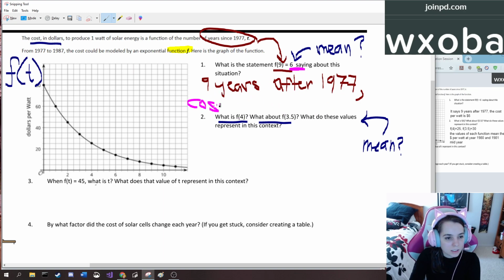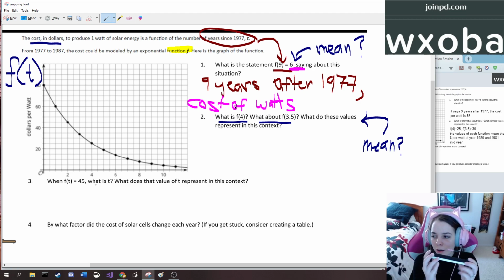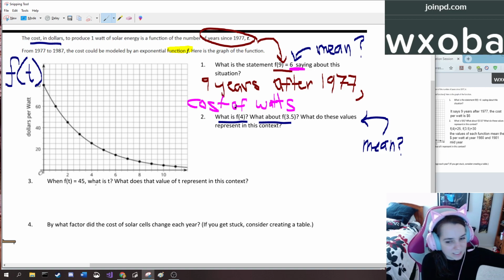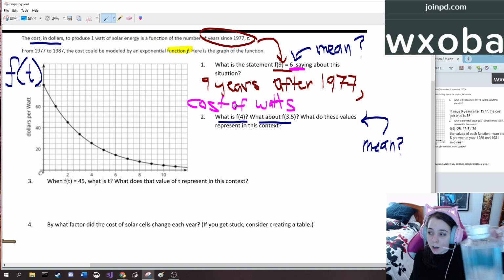So the cost of watts, which is the unit for electricity, okay, we measure length in inches, centimeters, and yards. We measure water in liters or gallons.